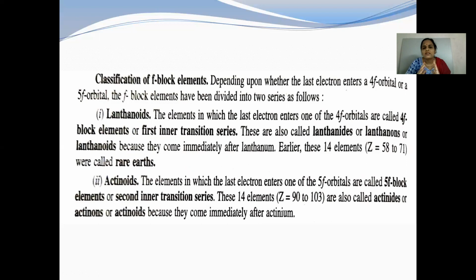Actinoid elements are those elements in which the last electron enters one of the 5f orbitals, and they are also F block elements. There are 14 elements under it with atomic number 90 to 103, and they are called actinoids because they come immediately after actinium.